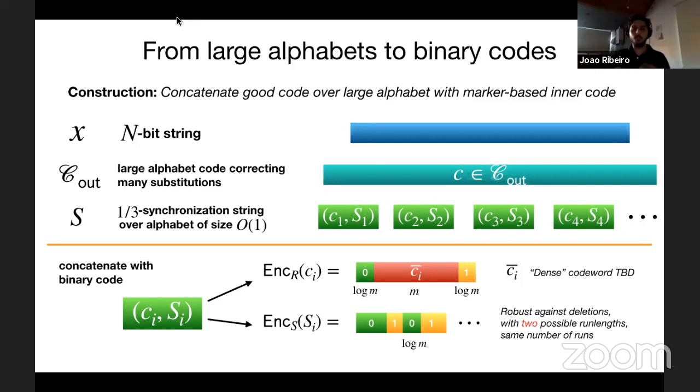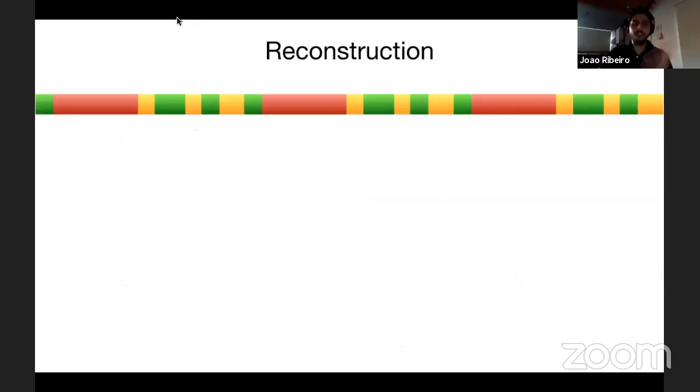Okay, so in the end, at a very high level, you get a string that looks like this, which is kind of similar to ours, but there are these alternating long runs of zeros and ones corresponding to the synchronization symbol. There are the red blocks corresponding to the code word symbols. And here, the parameters are a bit different than ours.